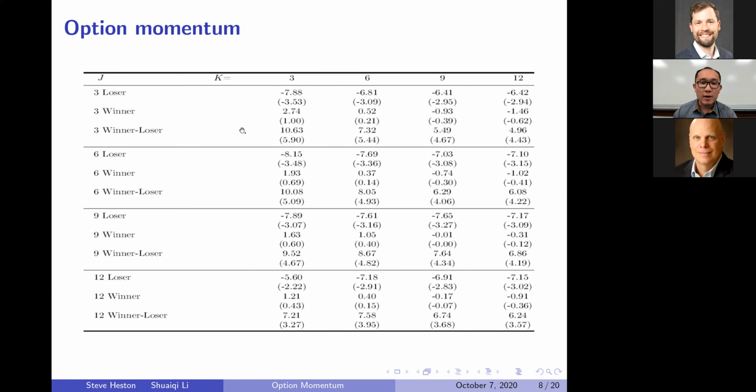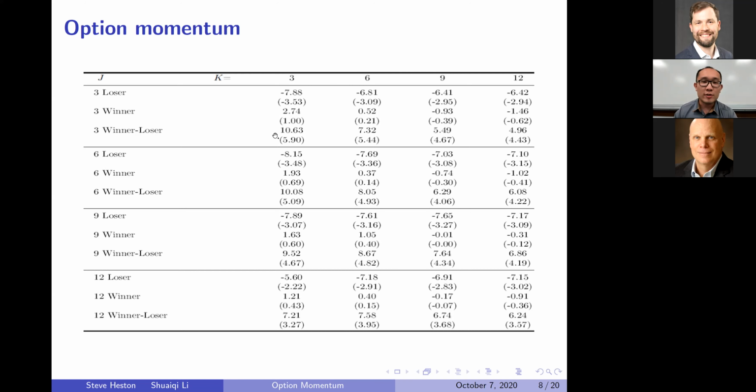We find positive returns for each strategy, and the past winners outperform past losers. Here, the 3-3 means we sort by past 3 months VIX return and hold the firms for the following 3 months.